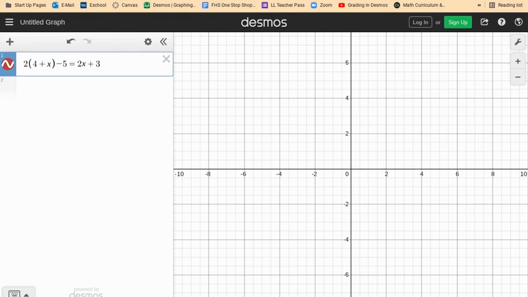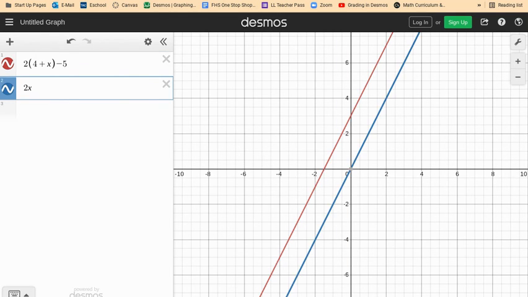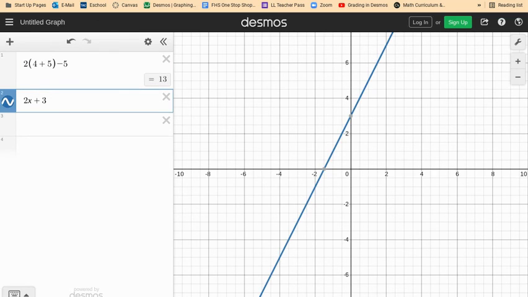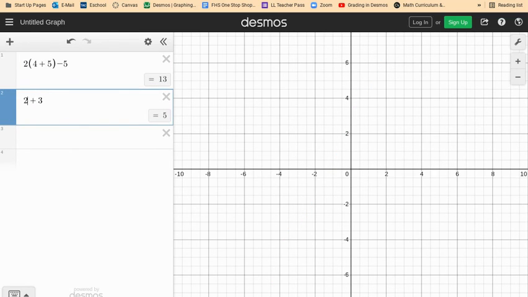Basically it's saying that this left side of the equation is going to be equal to this right side. If I plug in an x, let's say x was 5, a 5 there and a 5 there, this is 2 times 5, then those two numbers should be the same.